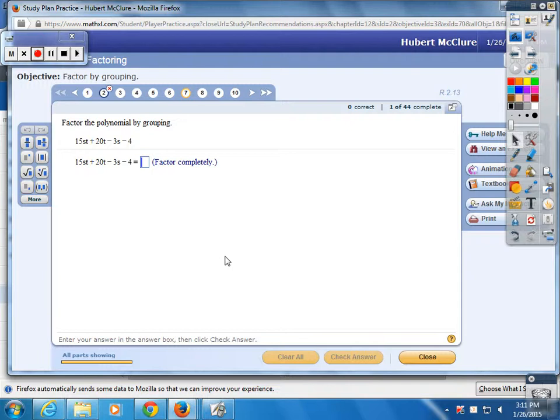3 by 1. 3 by 1 has more perfect squares in it. This one doesn't have hardly any perfect squares in it. Tell me where a perfect square is. 4. That's it.